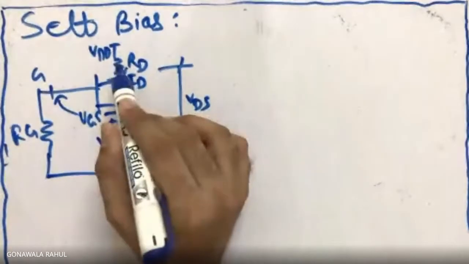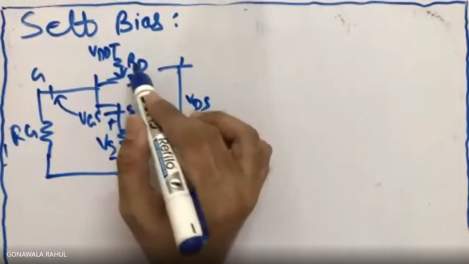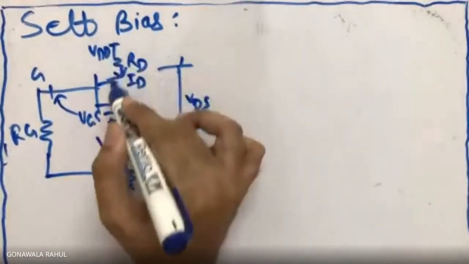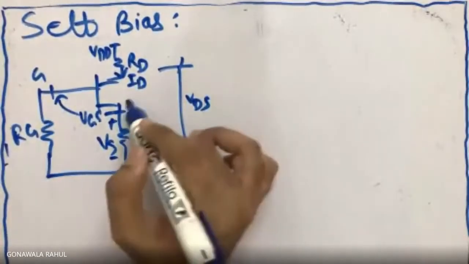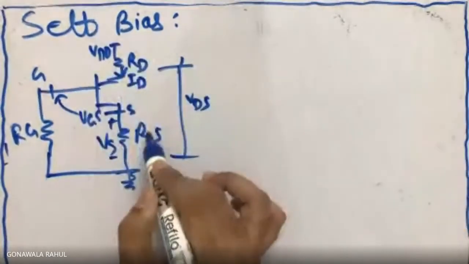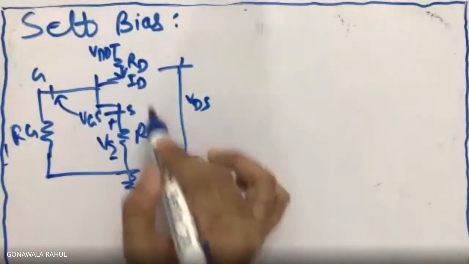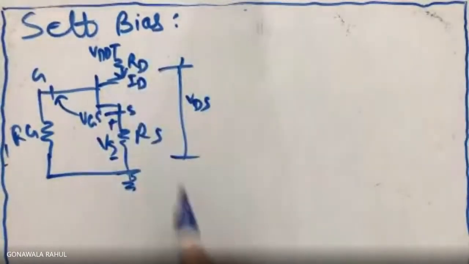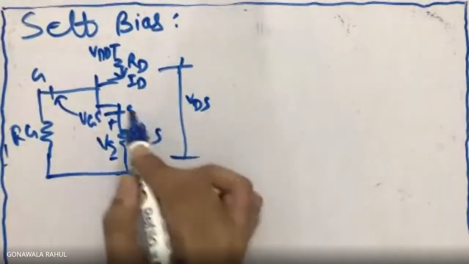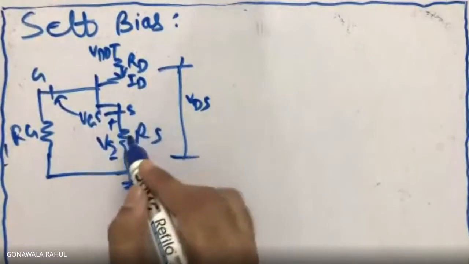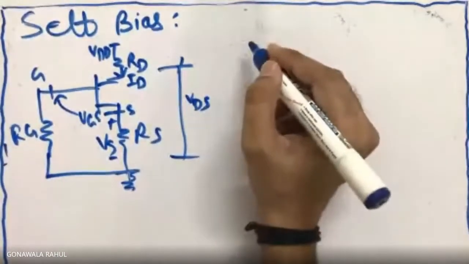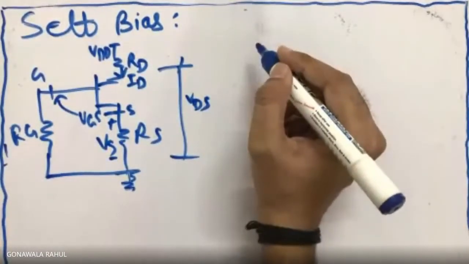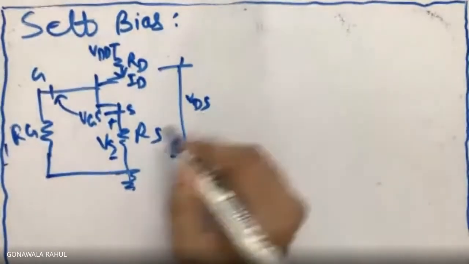So ID is producing a voltage drop when it is flowing through the source. There will be a voltage drop across RS as well as RD both, and the voltage drop across RS is of my concern, and that will be ID into RS.